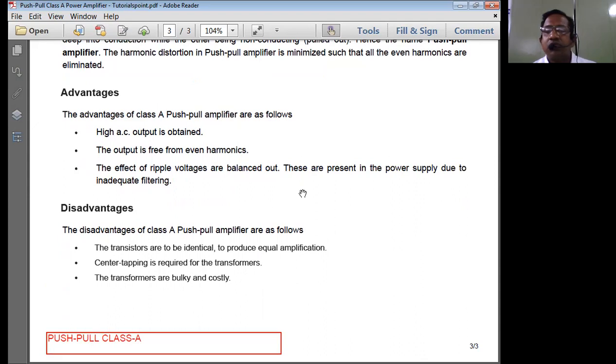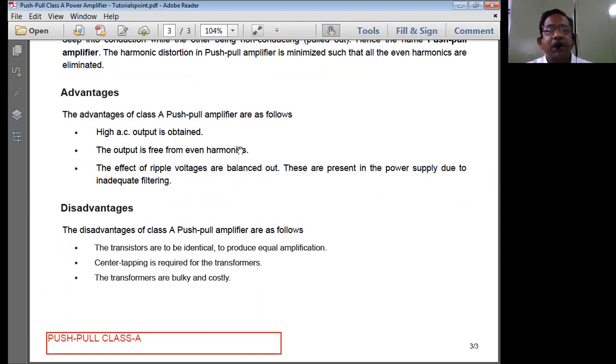Now, as I was telling you, the advantages and disadvantages. What is an advantage? High AC output voltage is obtained in comparison to the simple class A type of power amplifier. Output is free from even harmonics because the even harmonics get cancelled because of the type of connection at the output.